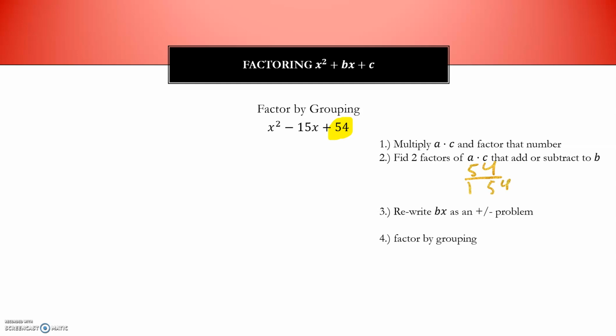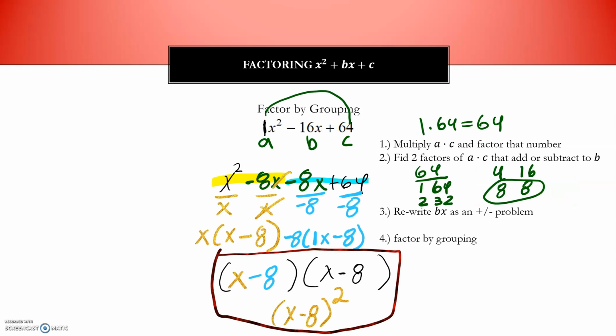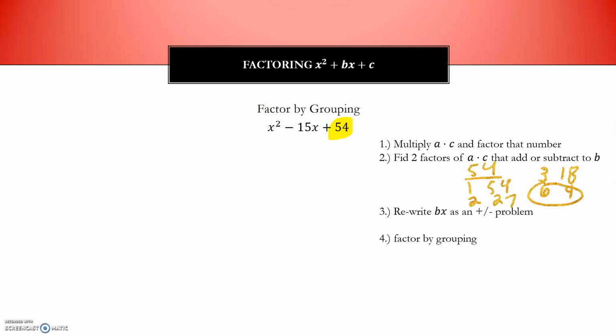The factors of 54 are 1 and 54, 2 and 27, 3 and 18, not 4, not 5, but 6 and 9. And to get 15, I have 6 and 9. So if you look back at the last problem, I chose 8 and 8. So in this problem, I can actually just go straight from the problem to the answer.